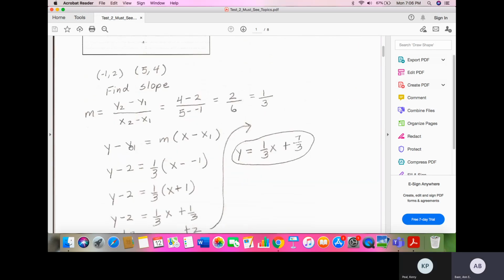So I wrote down the point slope form of the equation of a line right here, and then we're just going to plug in. A line has an infinite number of points, each of which we can write the xy ordered pair for.